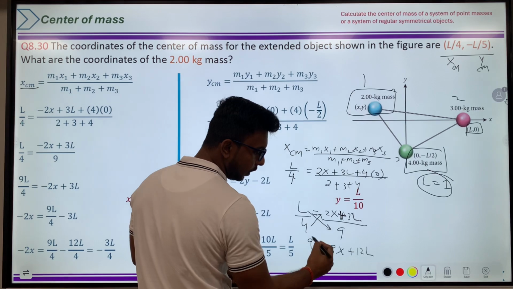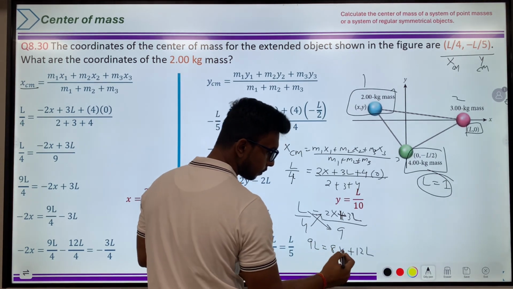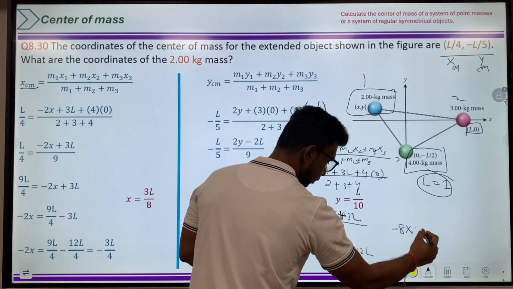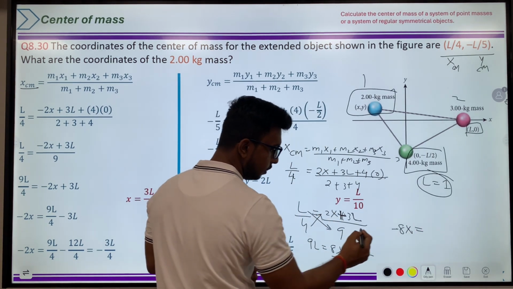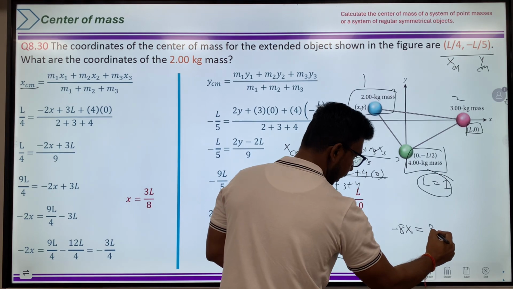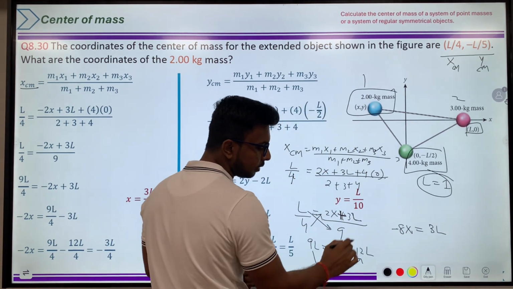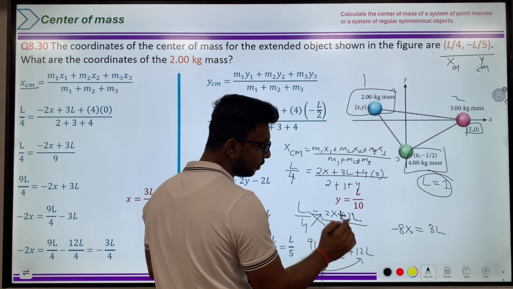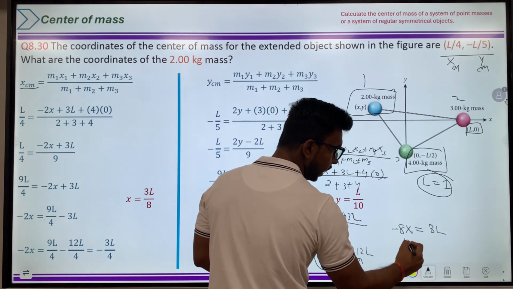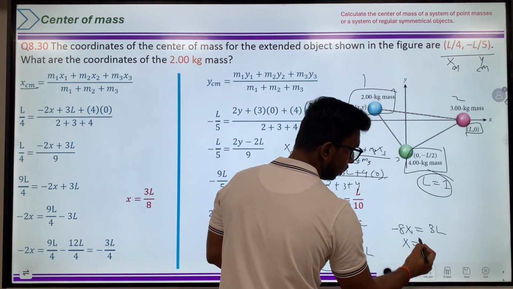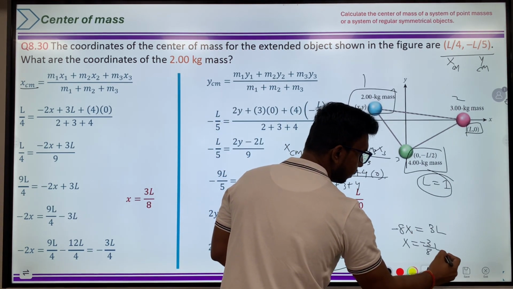If I take this to the other side and bring this to the other side, I will get negative 8x is equal to 3L. What did I do? I took 9L to the other side, so 12L minus 9L, which is 3L, negative 8x. So x comes out to be, I have to find x, yes, x is the unknown, minus 3 by 8L.